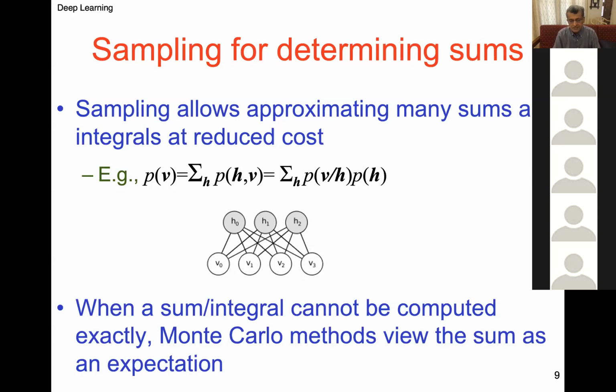That's why we get the summation over h. Note that P of h comma v can be written as P of v given h times P of h by Bayes rule. And in the case of an RBM, we can argue that P of v given h can be obtained easily.